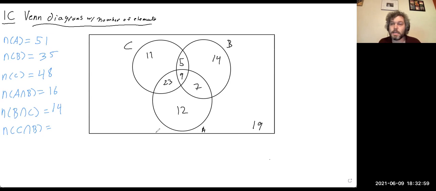How many is in C intersect B? I flipped the order. Does it matter? Is it the same number? This is the kind of stuff that always pops up in exams, the kind of stuff that shows up when it shouldn't.